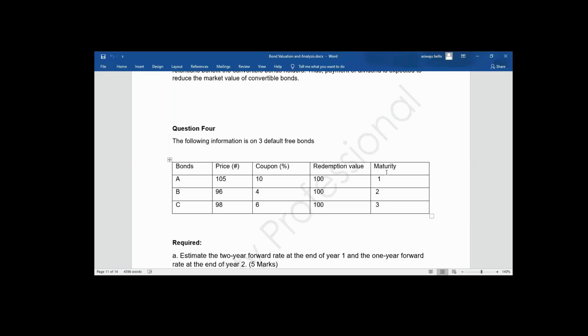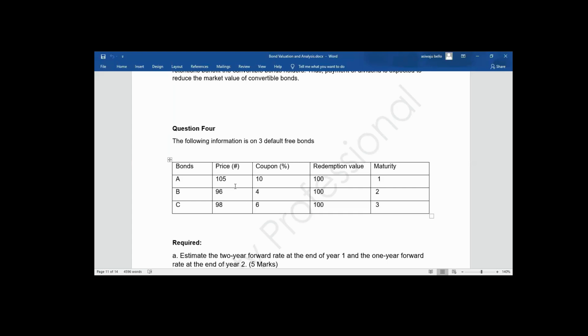We are giving the price of the bond. As of today, the price of bond A is 105. The coupon payable on bond A is 10%. Redemption value of bond A is 100. Bond A will mature after 1 year. 1 year redeemable.